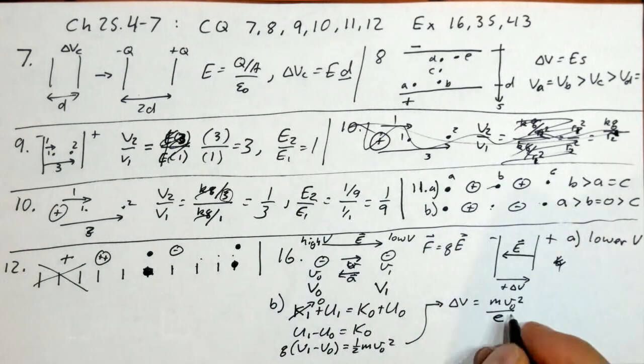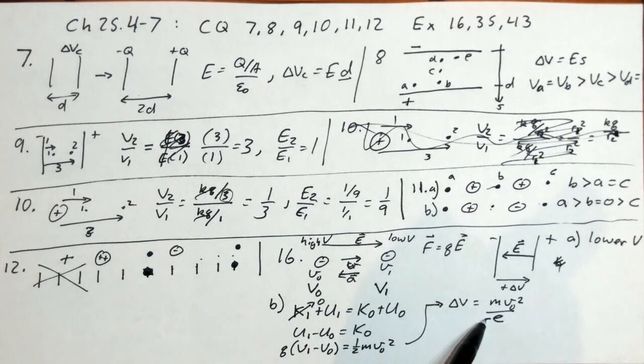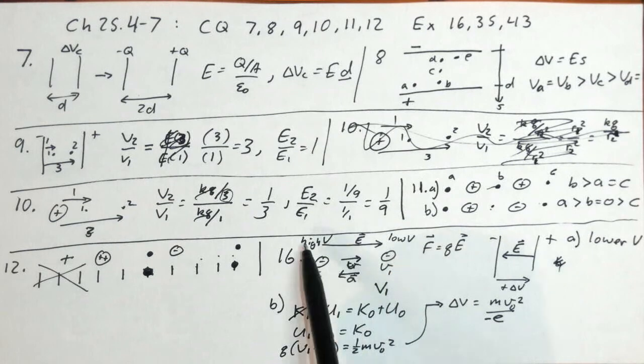Now that's a negative e, which it should be, because this is the potential difference it goes through. Final minus initial is negative. I went to lower potential. This is smaller, this is bigger, so small minus big is negative. That's where the negative comes in the math.